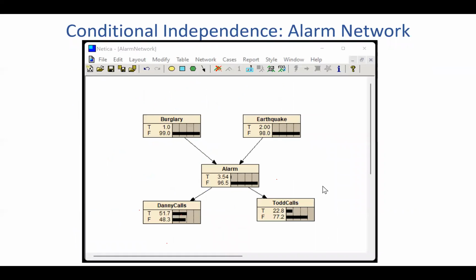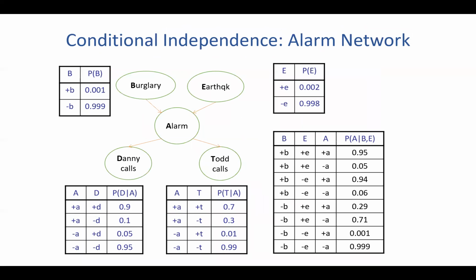Something like this: alarm, burglary, earthquake, Danny and Todd, the 2 neighbors that we have, right? Behind each of these nodes, there is a conditional probability distribution or conditional probability table, CPT, that represents all these relationships. Each row is a specific conditional dependence relationship, the specific probability with which certain event may or may not occur, okay?